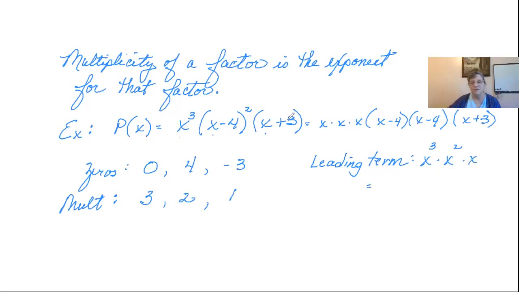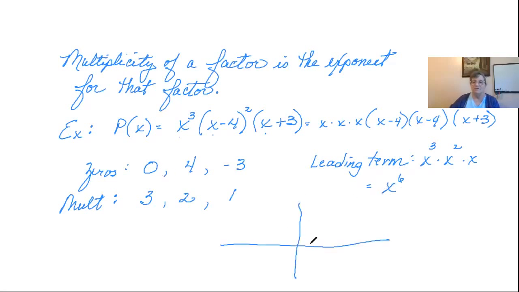There's no coefficients on any of them, so the coefficient is going to be 1, but the degree is actually going to be x to the 6th. Look here, 1, 2, 3, 4, 5, 6 x's multiplied together would give us our biggest term. So we've got an x to the 6th going on.